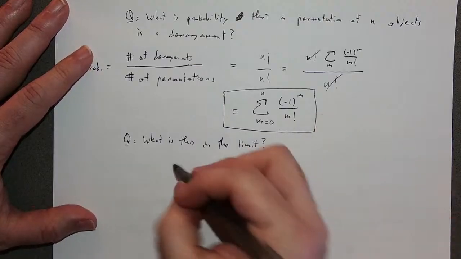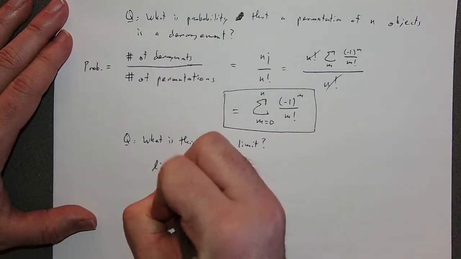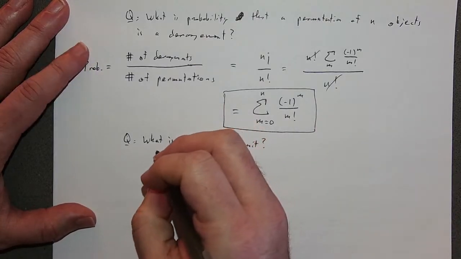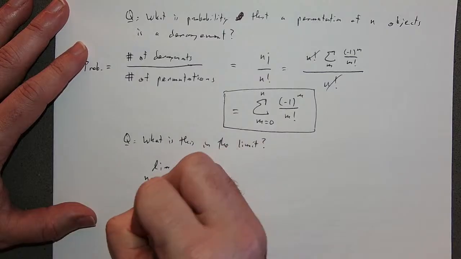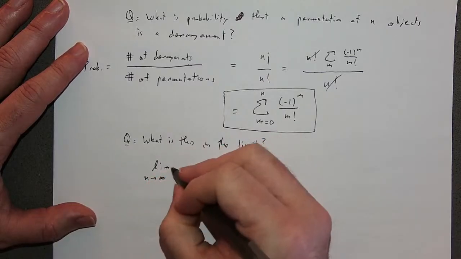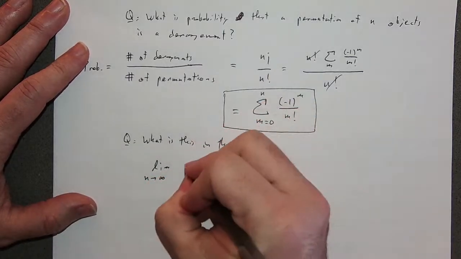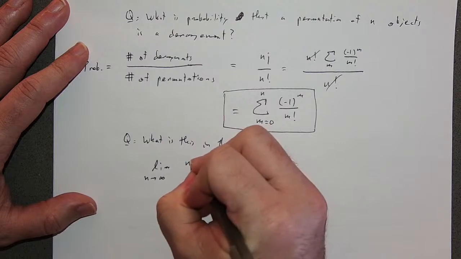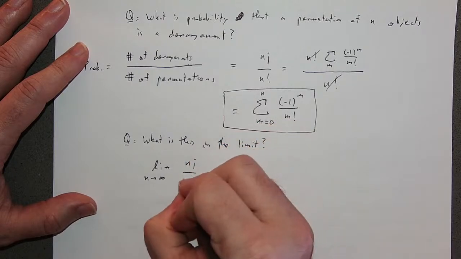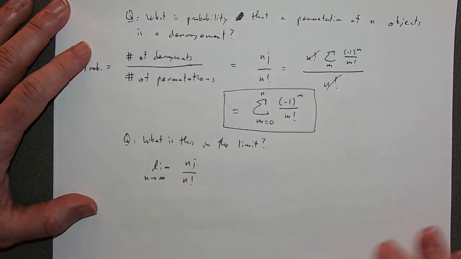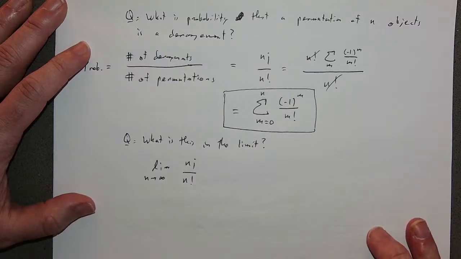Well, that is, what is the limit as n goes to infinity of the number of derangements over the number of permutations? Sorry.